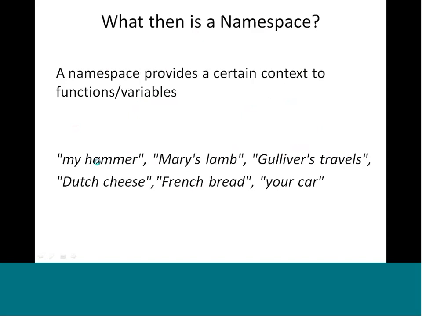So what is a namespace? The namespace provides a certain context to the function and variable. You can think of a namespace as any kind of names itself. So my hammer, Mary's lamb, Gulliver's travels, Dutch cheese, French bread, your car.